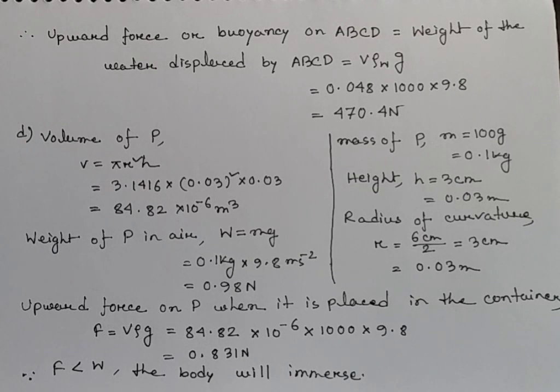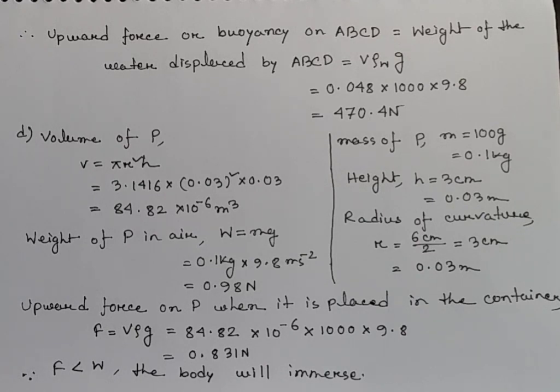another object P was given in our stem. If P is let free in the water of the vessel, then will it immerse in the liquid or float on it? We have to determine that. First of all, we have to make a list of the given values over here. The mass of the object P is given 100 gram, that means 0.1 kg.